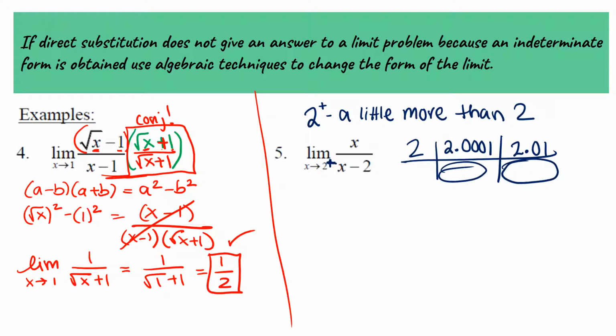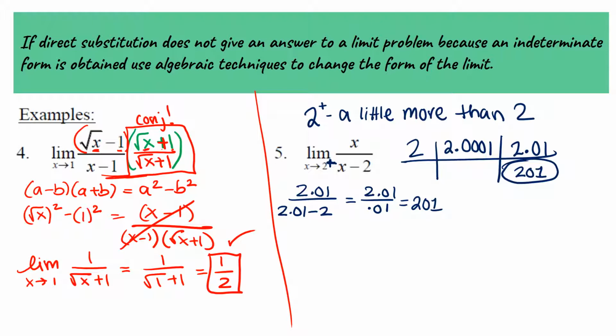So if I plug in 2.01, I'm going to get 2.01 minus 2. All right, and when we do that, we end up with 201. So at that point, I'm seeing that it's a large number, but not quite sure what's happening.